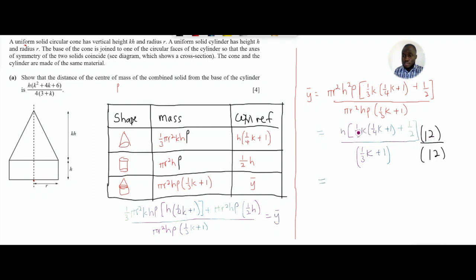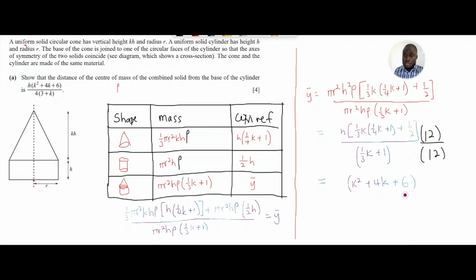This 12 multiplies through the numerator and gives us 6 as the far end. And 12 together with 1/3 will give us 4. That 4 times this first term gives us just k squared. And the 4 times this gives us just 4k in the numerator.